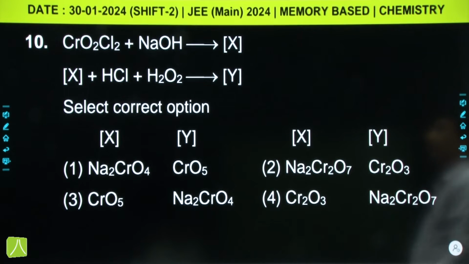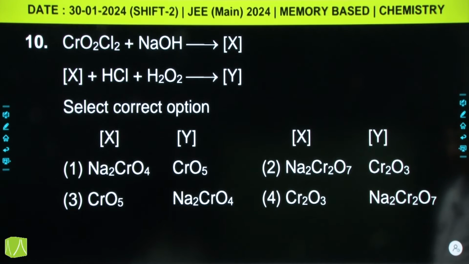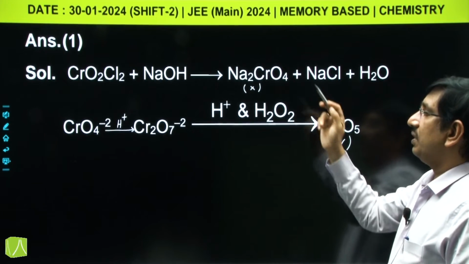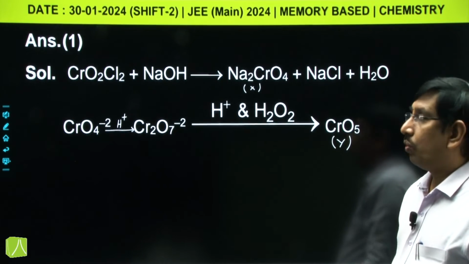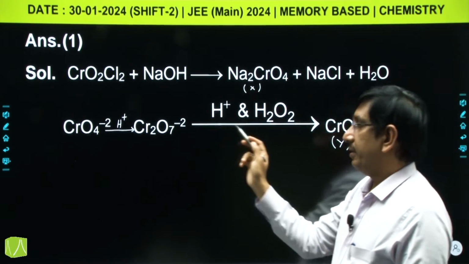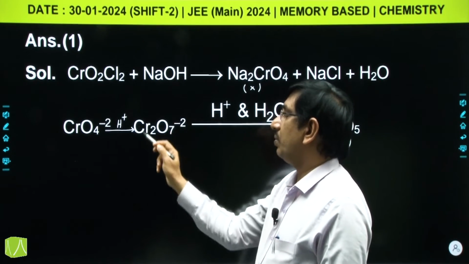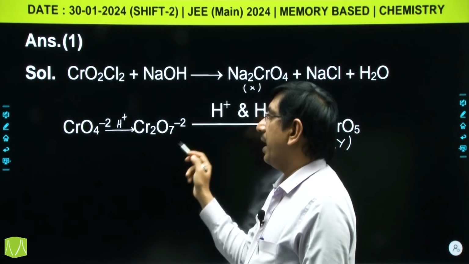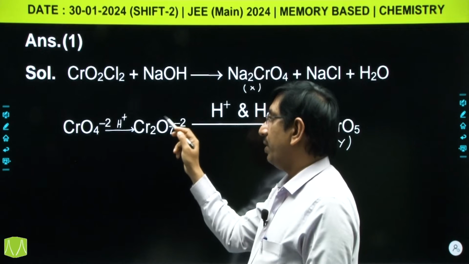Next, this is also from d block. Chromyl chloride CrO2Cl2 plus NaOH is giving X, X plus HCl plus H2O2 is giving Y. What are the X and Y? Here CrO2Cl2 with NaOH gives Na2CrO4, sodium chromate, which is a yellow colored compound, and this on acidification gives dichromate, sodium dichromate.